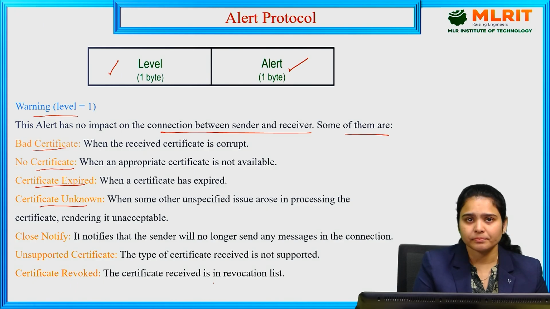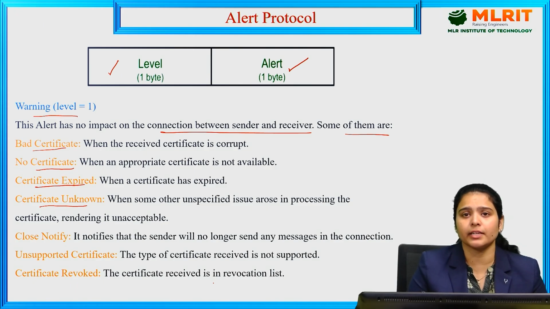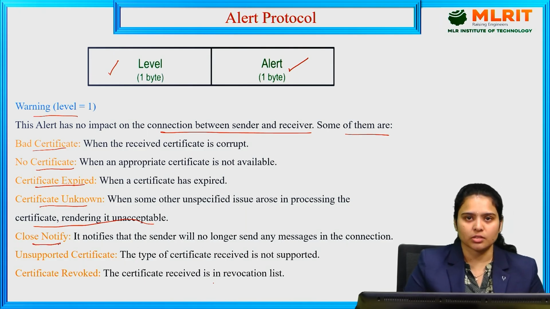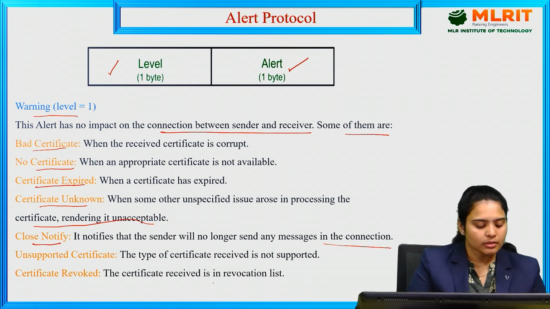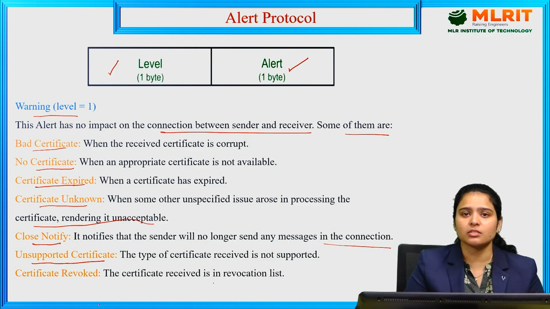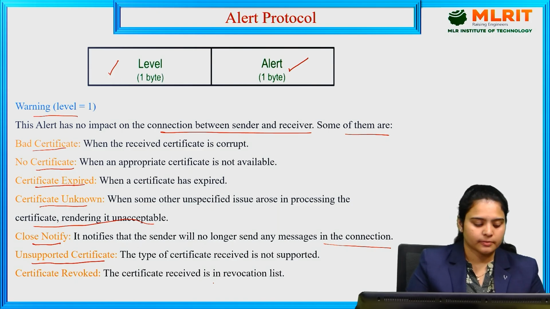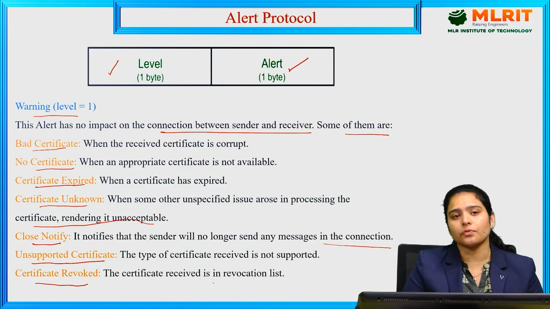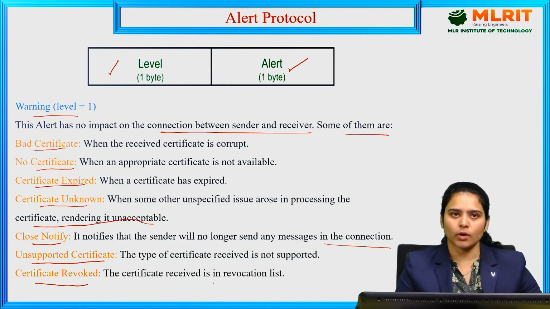Unknown means any unspecified issue has happened, and also unacceptable. The next one is close notify, meaning there will be no more messages in the connection. The next one is unsupported certificate, meaning this type of certificate received is not supported. Certificate revoked means the certificate is on a revocation list. Those are the warning level equals 1.